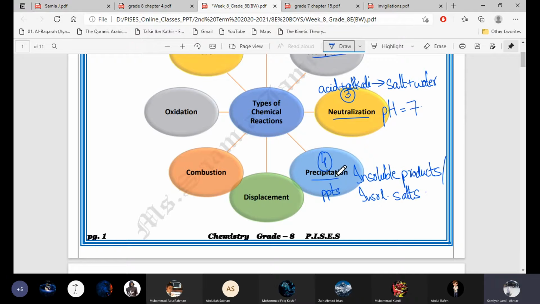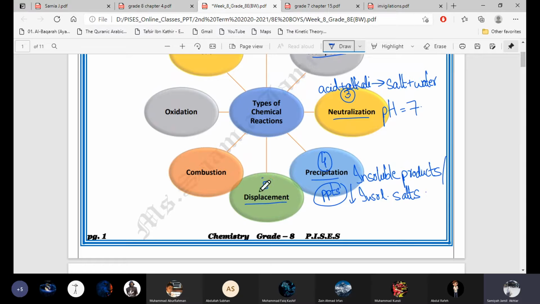There are two ways to prepare these precipitates, which we will study from the book. Sometimes we need salts or substances which are not soluble in water, so we do precipitation reaction. We mix a few things and it gives insoluble precipitates which settle down at the bottom of the beaker.